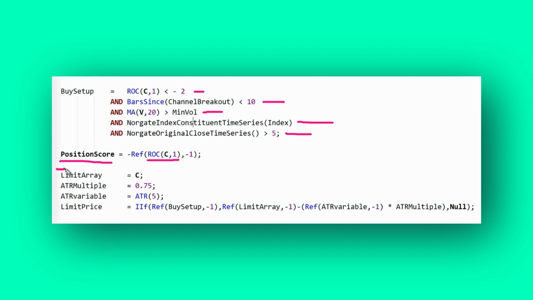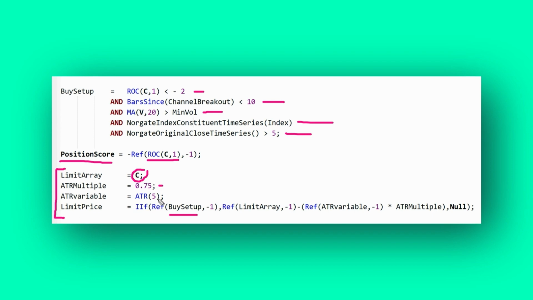We're therefore looking for the most oversold stocks on a daily basis. There are a couple of more rules visible on my screen, but let's jump straight to the limit price calculation. We're using the closing price as a basis for the calculation, and also the ATR with period of 5. So the ATR is based on the past 5 trading days.